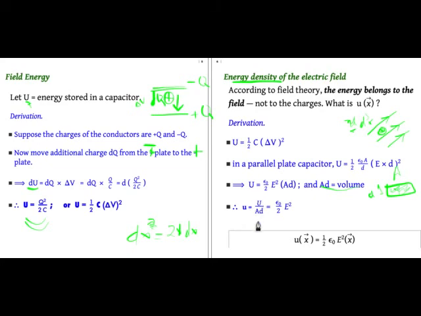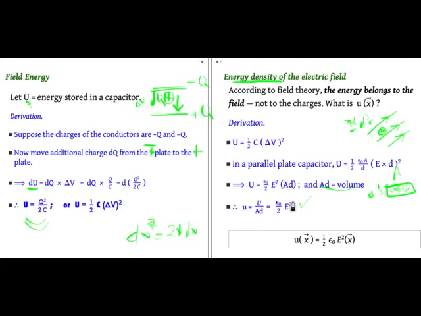It's the total energy divided by the total volume, for this case where the electric field is constant. So you see we get the result, epsilon naught divided by 2, E squared. So that's the energy density derived from a parallel plate capacitor where the electric field doesn't depend on position inside.